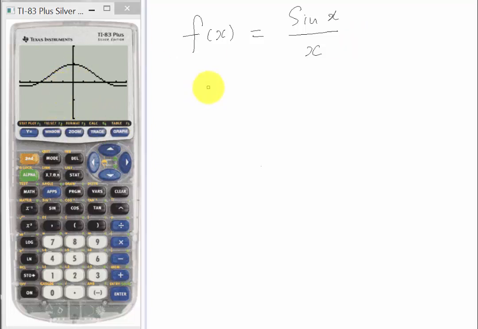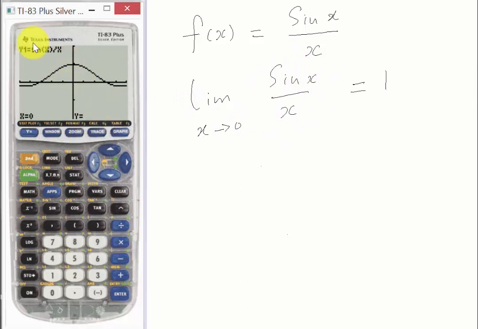Now we see here the limit as x goes to 0 of sine x over x is equal to 1, meaning as x approaches 0 we get 1. As you can clearly see, it approaches 1, but in fact in this graph there should be a hole over here, and again we don't see that.